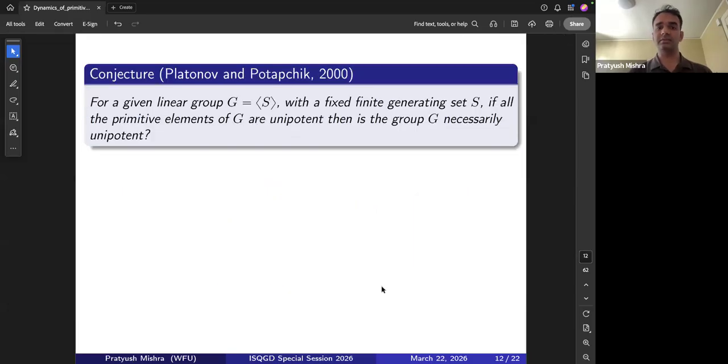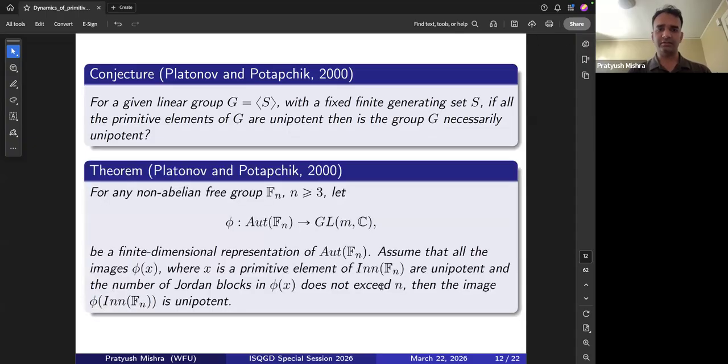So this is basically the conjecture. For a general linear group G with a fixed finite generating set, if all the primitive elements are unipotent, can we say the group G is necessarily unipotent? This is a big open conjecture, and they proved it for certain cases for the free group under some strong assumption on the size of the Jordan block.